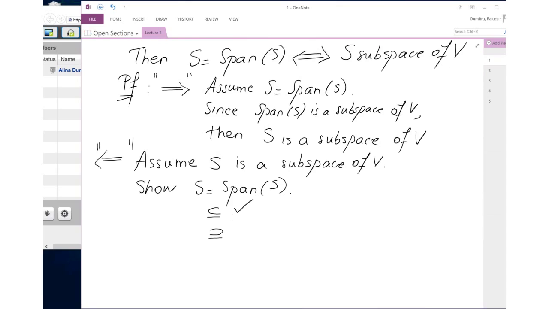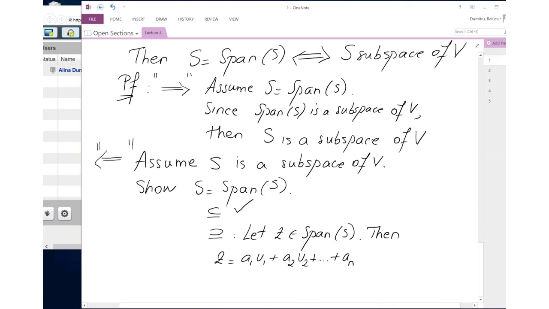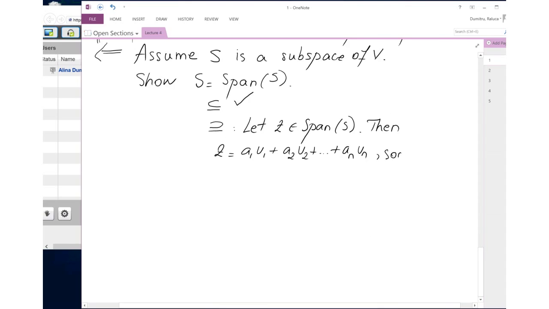itself. So I'm going to start with an element Z in the span, and I want to show that it belongs to S. Being in the span, it must look like a linear combination of vectors in S. So I'm taking a linear combination of vectors, and I want to show that the resulting thing is in S. Why?